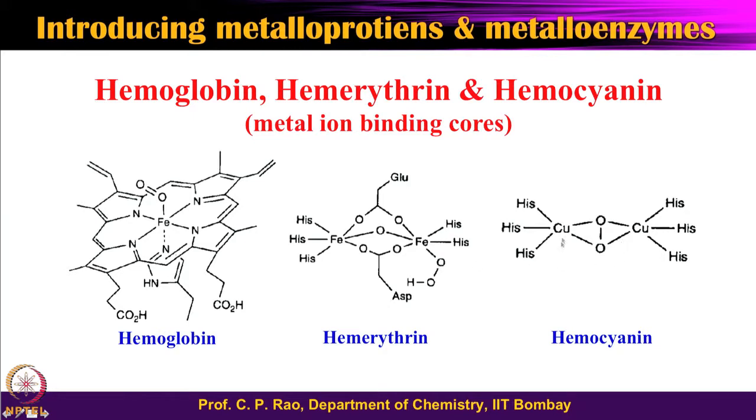Which means when it releases, it should gain that back. So there is quite a huge mechanism involved in the delivery of the oxygen, which is not very well understood. We will not go into more details, but we will compare only the features, and we will go into more details of hemoglobin.